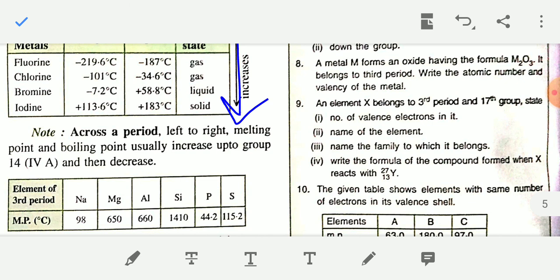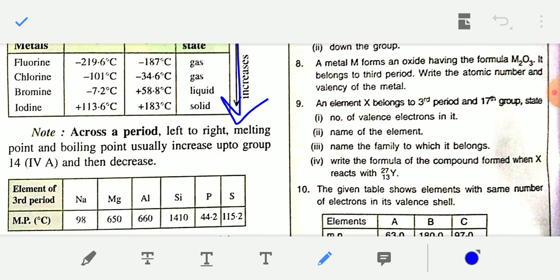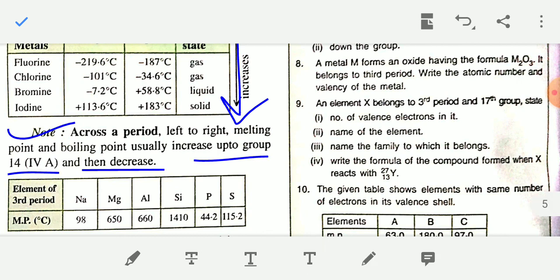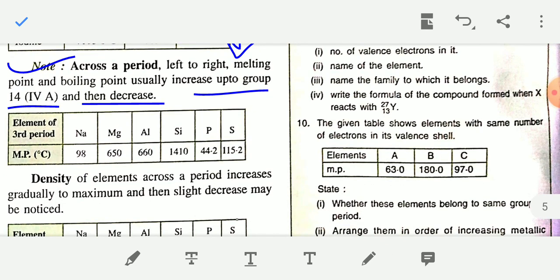One note is given here: across a period from left to right, the melting point and boiling point usually increase up to group 14 and then decrease.